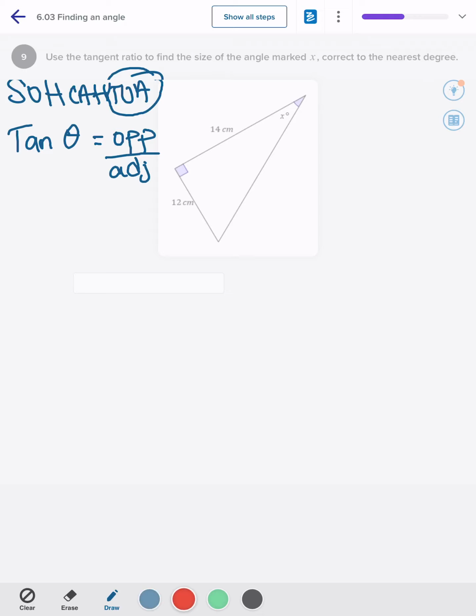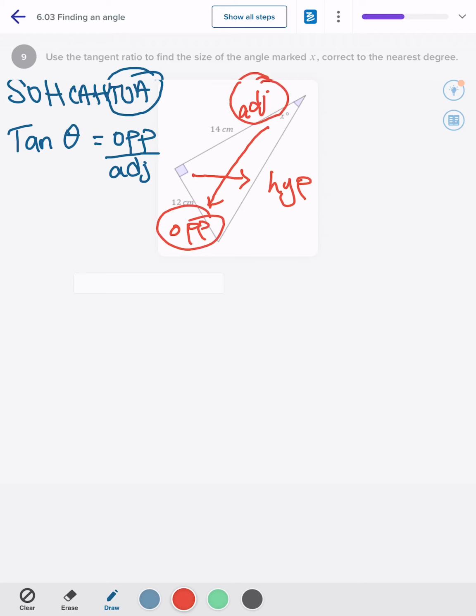Again for this I would label the three sides of my right angle triangle. Opposite my 90 degree angle is the hypotenuse, and opposite to my angle X is the opposite side, and we are left with the adjacent side. Here we are interested in the adjacent side and the opposite side.